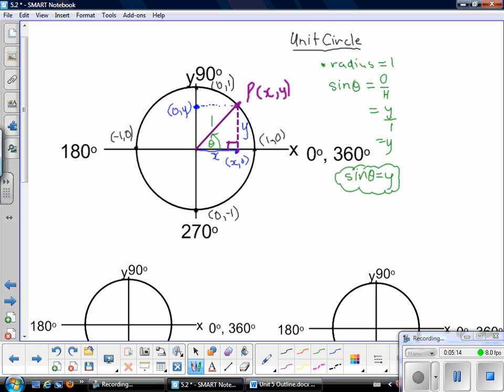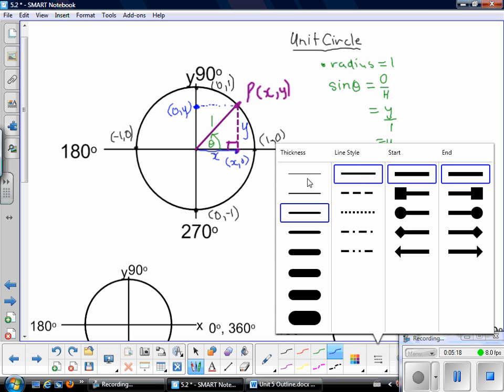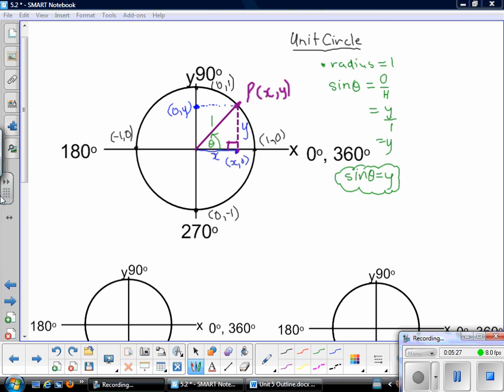Now let's take a look at cos. Cos theta is adjacent over hypotenuse.